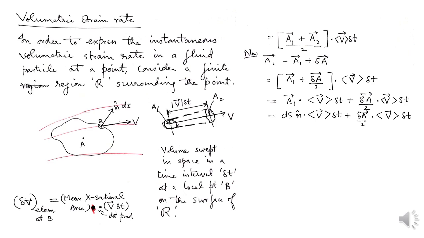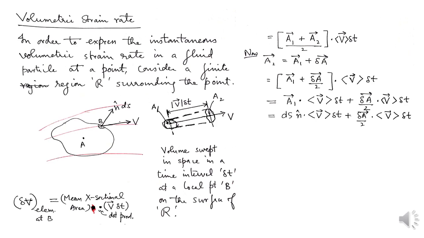So the basic idea is that at a given time instant, at a certain point, if you can write the volumetric strain rate, that will be the volumetric strain rate of the particle that is residing at that point, at that instant of time. While you used tiny portions of material lines, or infinitesimal material lines, to develop longitudinal and shear strain rates, for a volumetric strain rate it is necessary to consider a particle or a point.